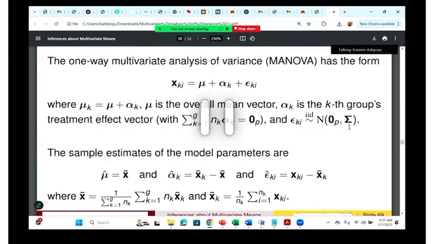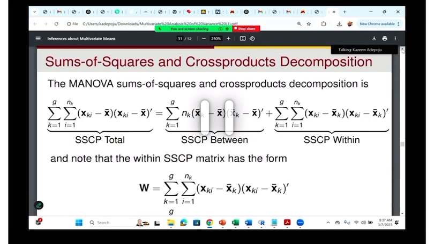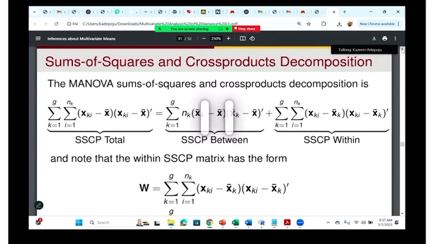Now, we also need the decomposition. You remember I showed you the other time in the univariate case where we partition the sum of squares variation into various components. We're also doing that in the multivariate case.